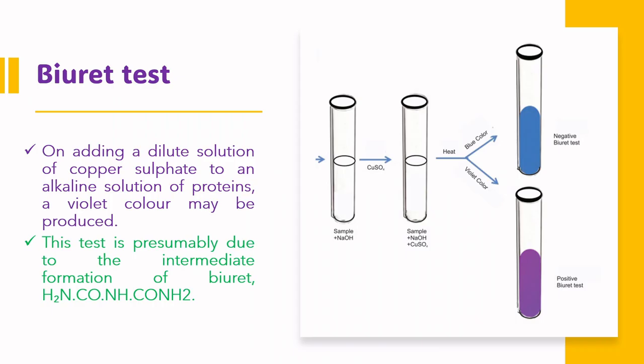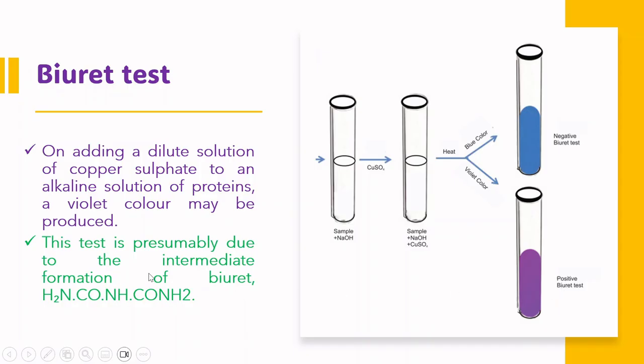First one is the Biuret test. Biuret test is done by adding a dilute solution of copper sulfate to an alkaline solution of protein, that is protein plus NaOH. If protein is present, then we will get a purple or violet color.